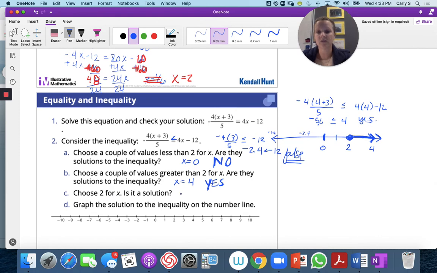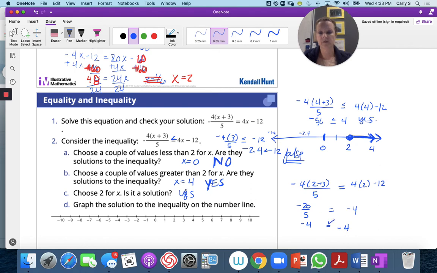2, is that a solution? Yes, let's try it just to make sure. Negative 4, 2 plus 3 over 5, 4 times 2 minus 12. So 2 plus 3 is 5 times negative 4 is negative 20 over 5, which is negative 4. Here I have 8 minus 12, which is also negative 4.